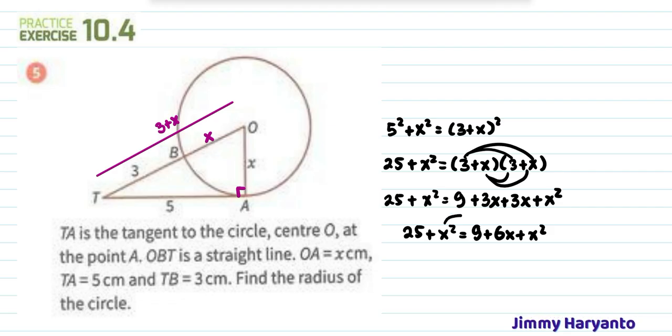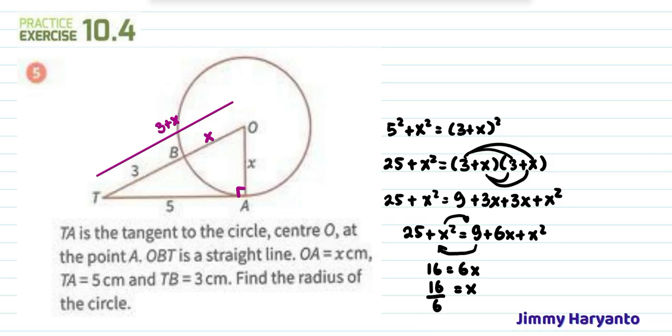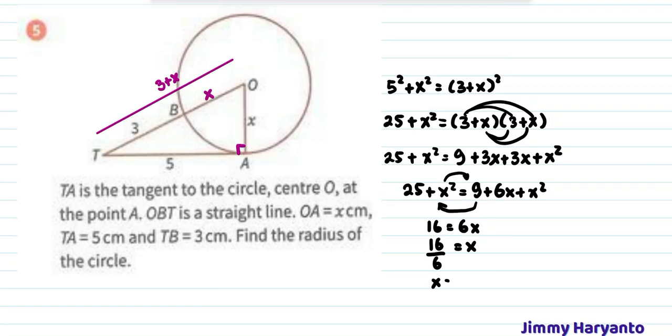Then you will move the x squared to the right hand side, move the 9 to the left hand side. 25 minus 9 equals 16. x squared minus x squared becomes 0. So you will only have 6x on the right hand side. You have 16 divided by 6. So x equals, dividing by 2, 8 over 3. So the radius is 8 over 3.